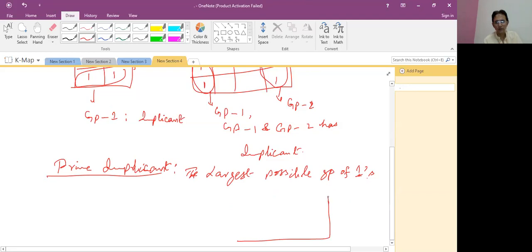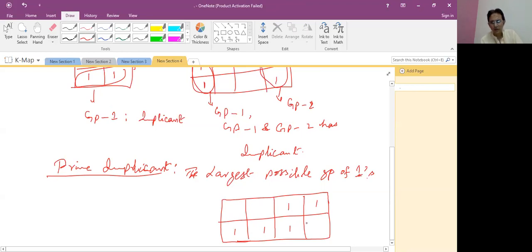For example, if we consider a K map for 3 variables, 3 variables means 8 squares. So if the answer is in this form, for example, if we draw a loop and if we draw another loop, which one is the largest possible group of ones?